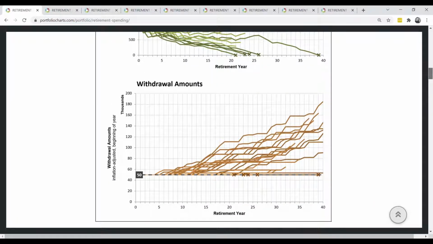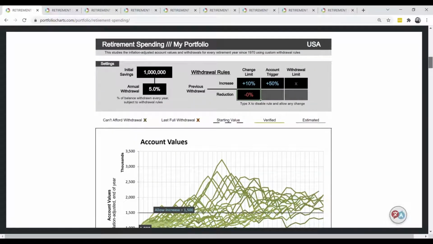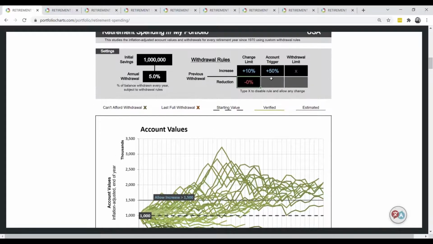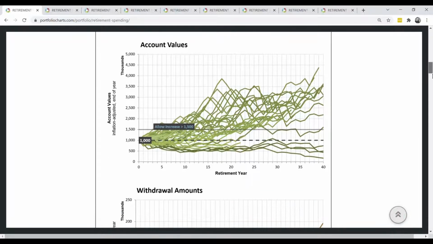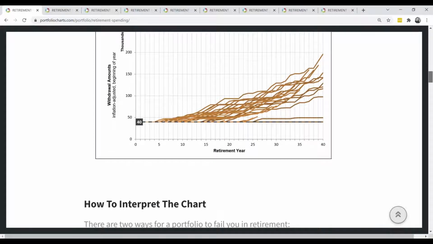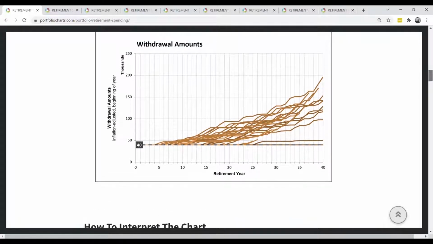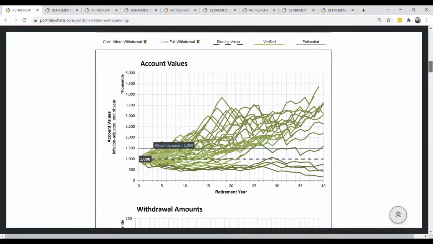Here are the withdrawal amounts increasing and the failure rates for this 60-40 portfolio at a 5% withdrawal rate. Now, of course, you can reduce it to 4%, and it will survive 4%, as most portfolios will.